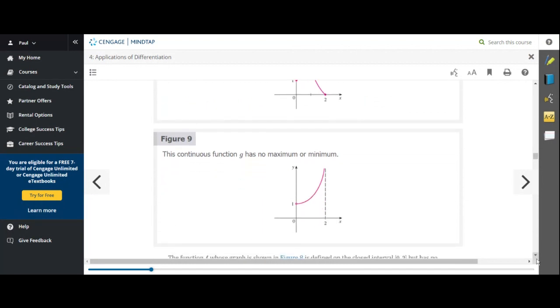Now, figure 9 says this function has no maximum or minimum. Well, we know it doesn't have a minimum because when x equals 0, the function's not defined. There's a hole there. But what about the right side? What happens as x approaches 2?